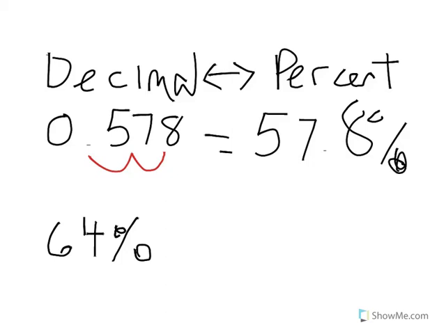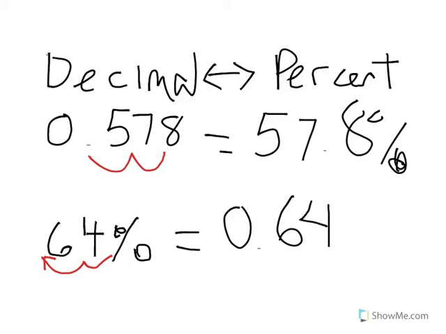Okay, and to go the other way is simply moving the decimal place in the other direction, going this way now. So we went from 64%, and now this is going to be 0.64 as a decimal. All right, so that's it for converting from percent to decimal and decimal to percent.